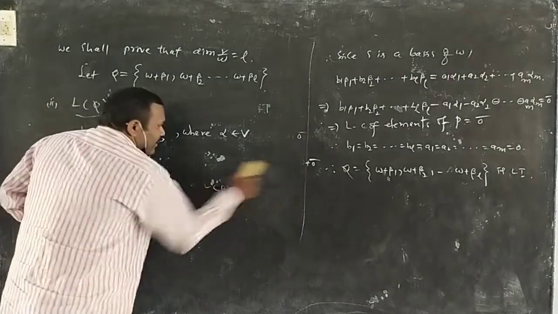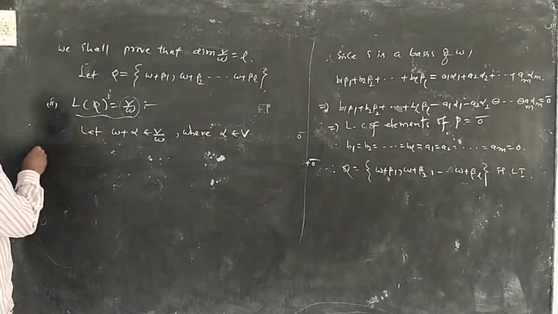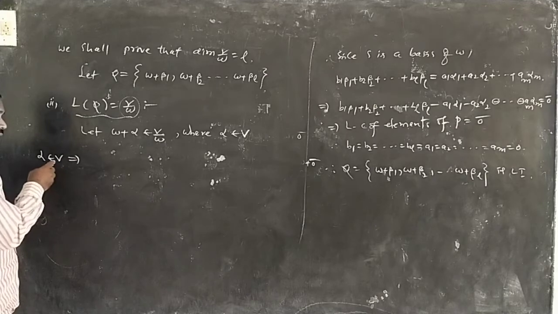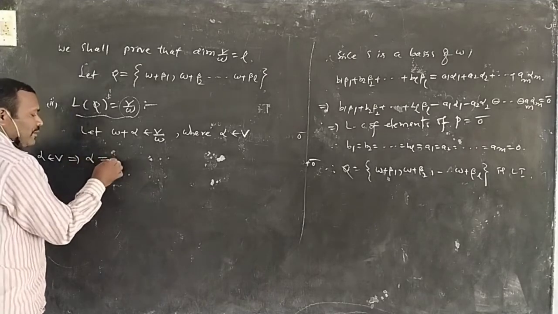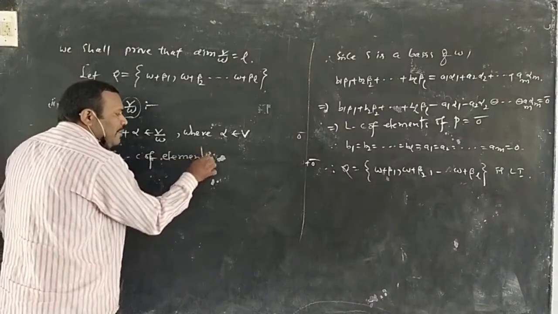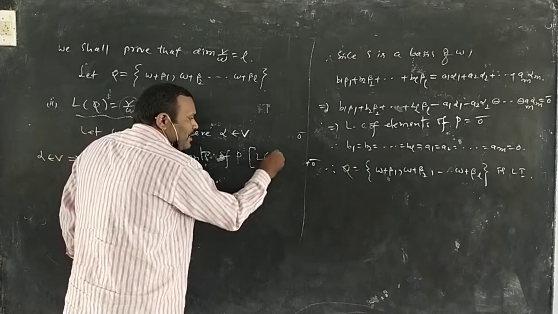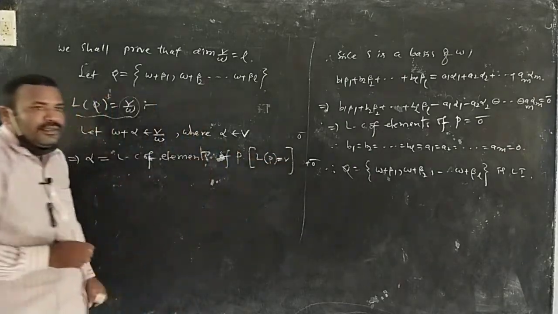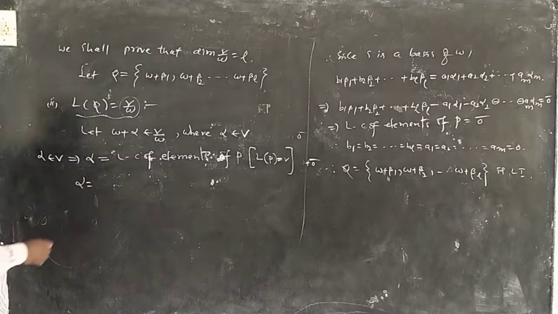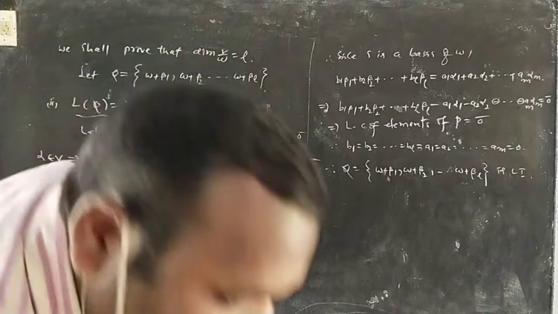Understand? You take this. Alpha belongs to V implies alpha equals a linear combination of elements of P. Why? Since L of P equal to V. P has alphas and betas.